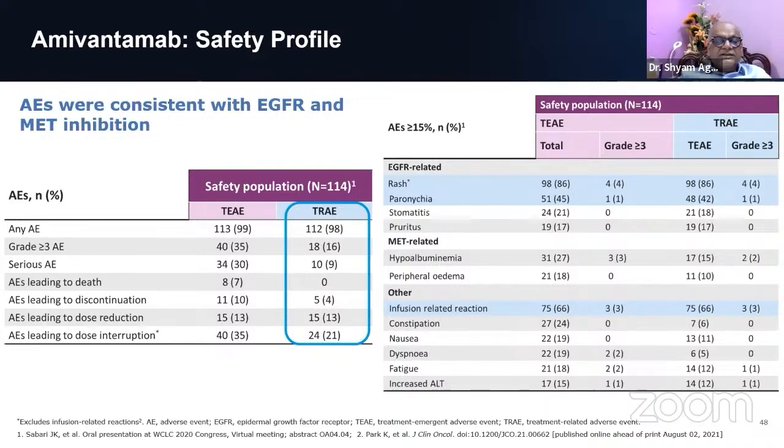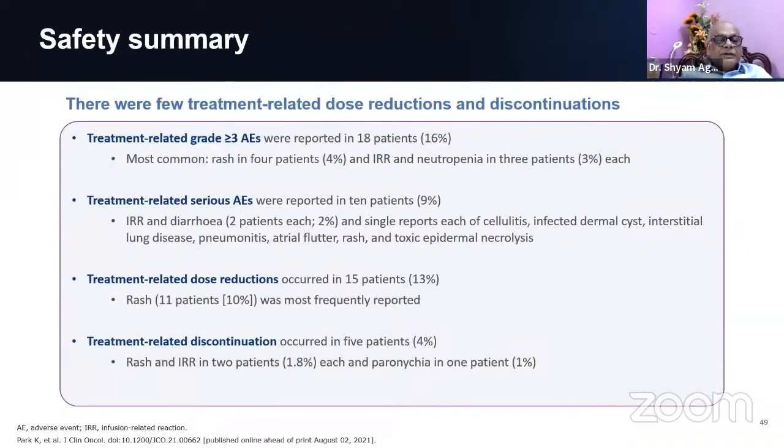So other than these side effects, there were no AEs leading to death, as you can see here. So nearly 16% patients had more than grade 3 AE. So it's pretty well tolerated. Next slide. So I'll just skip this because these are EGFR and MET related. So diarrhea can also happen, but usually it is less than grade 3. Next.